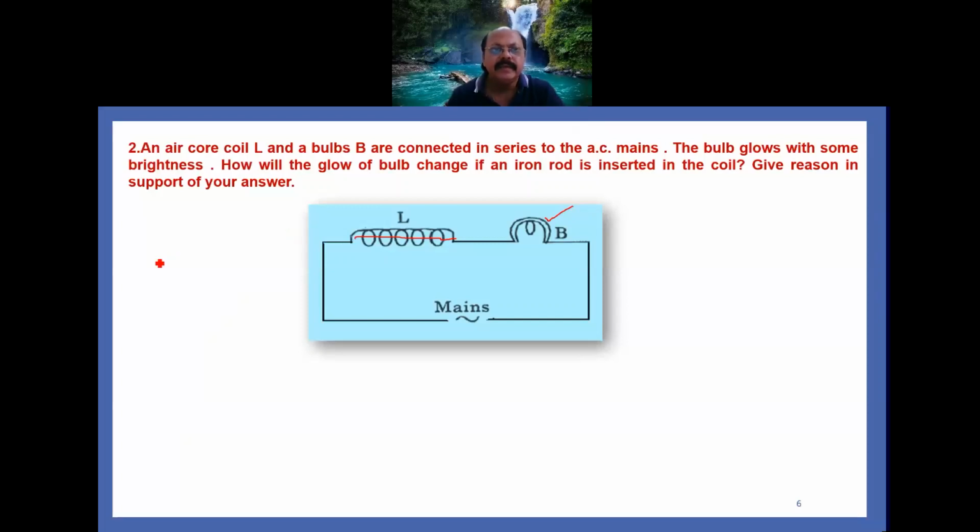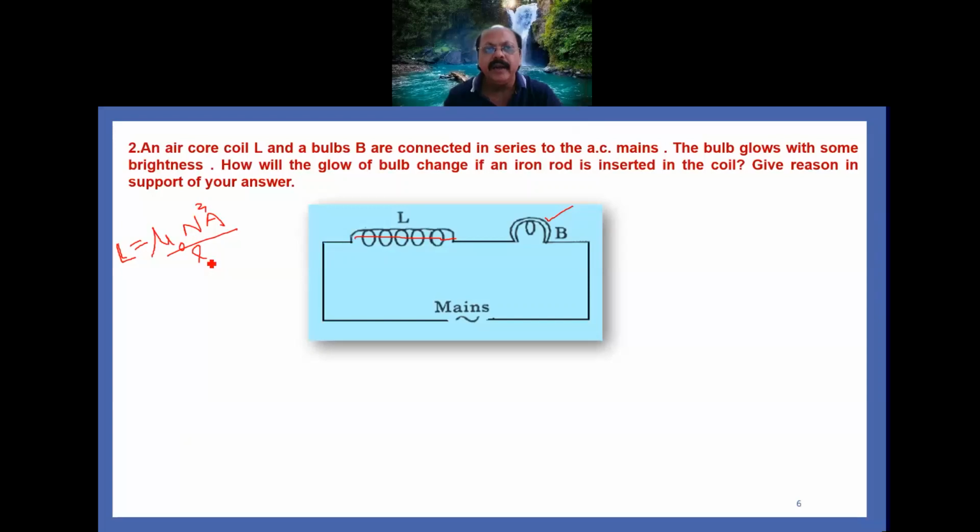You see that already you have studied inductance L equal to mu naught n square A upon l. But this is the formula for an air core coil.